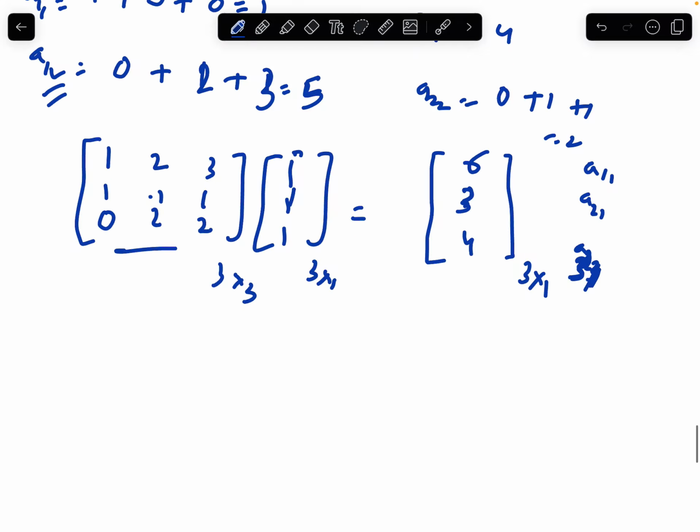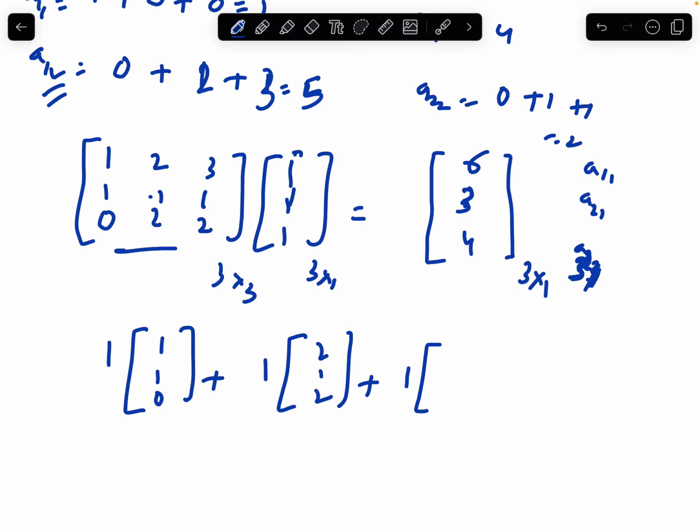Note one thing. Isn't this same as 1 into 1 1 0 plus 1 into 2 1 2 plus 1 into 3 1 2, right? This addition gives you this vector.